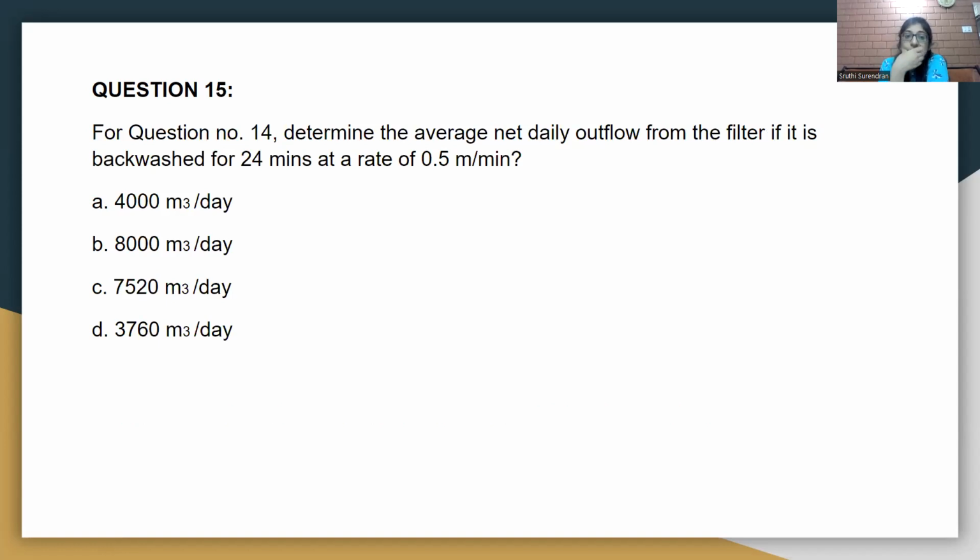They have asked us to find the daily outflow from the filter if it is backwashed for 24 minutes at a rate of 0.5 meters per minute. So from the total water, water at 0.5 meters per minute has been used for 24 minutes. Removing that quantity of water, what is going to be the net outflow from the filter is the question.